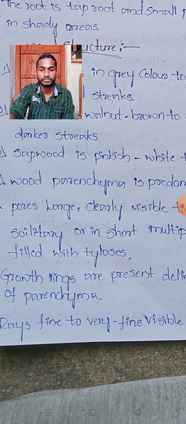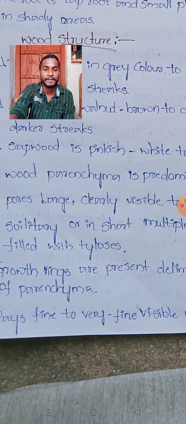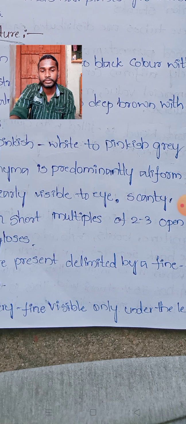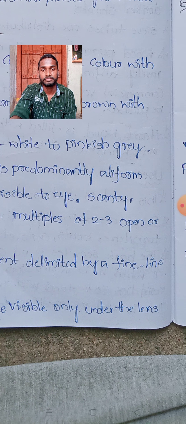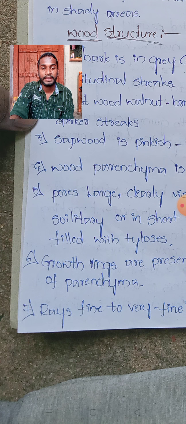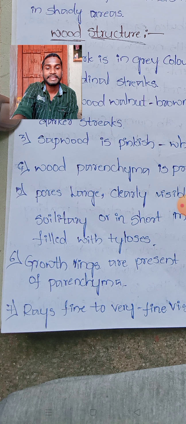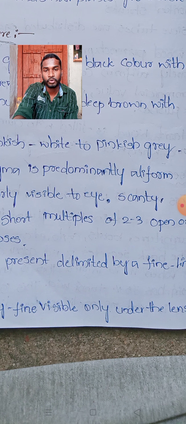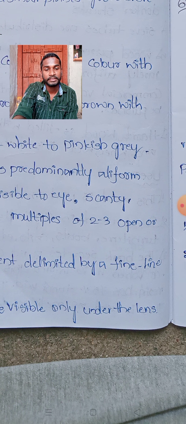Growth rings are present and delineated by a fine line of parenchyma. Rays are very fine, visible only under a lens.